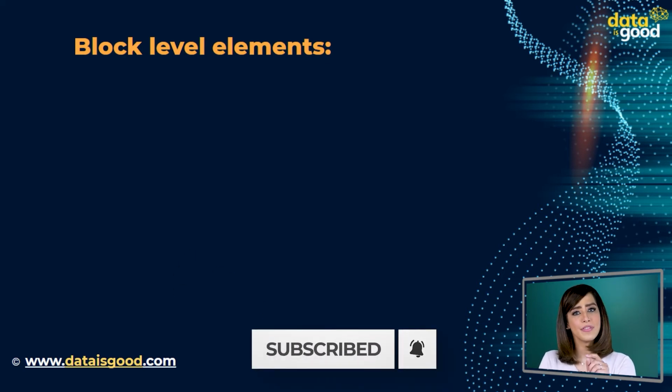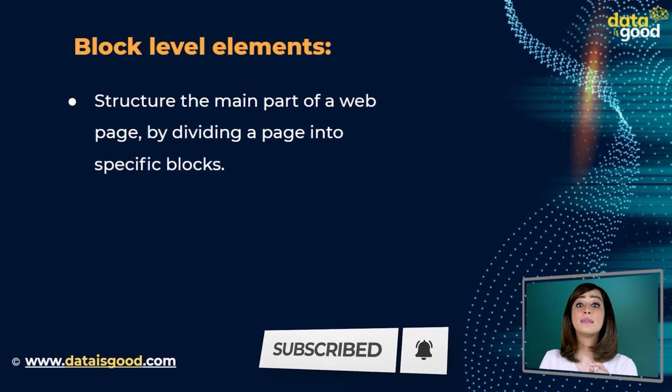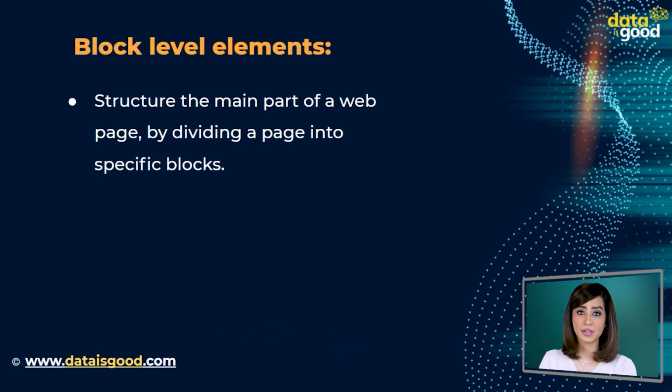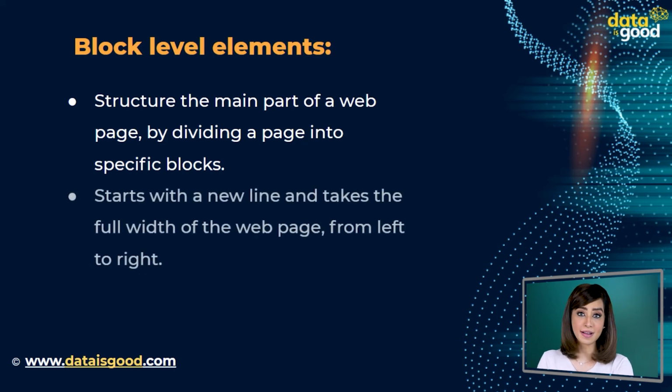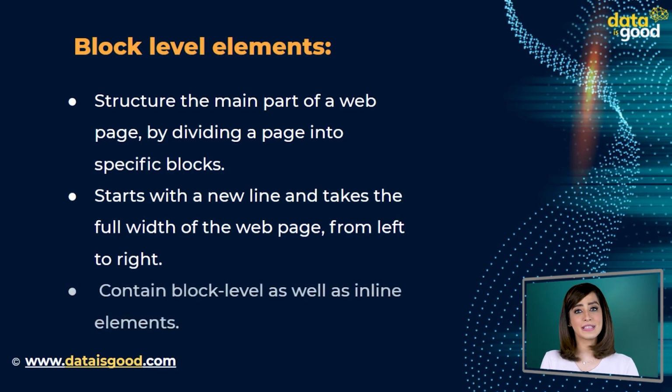These block level elements structure the main part of a web page by dividing the page into specific blocks. A block level element always starts with a new line and takes the full width of the web page from left to right. And also, these elements can contain block level as well as inline elements.